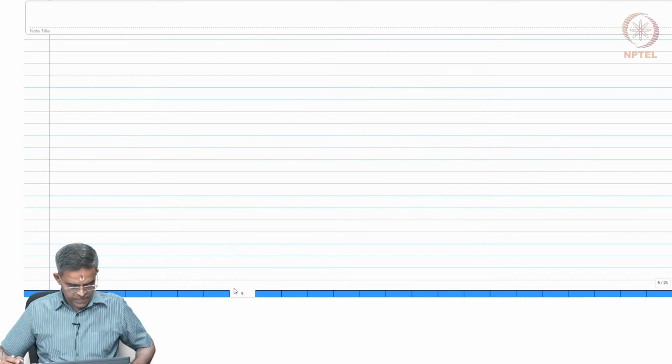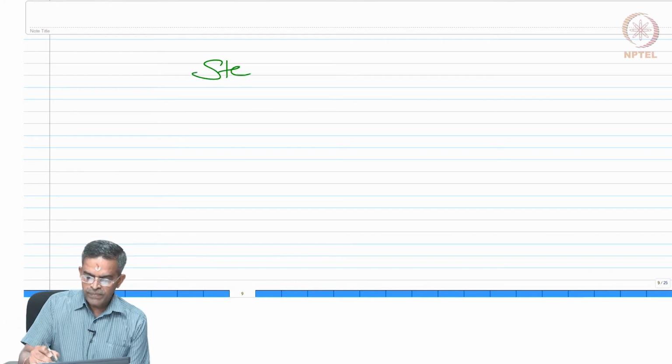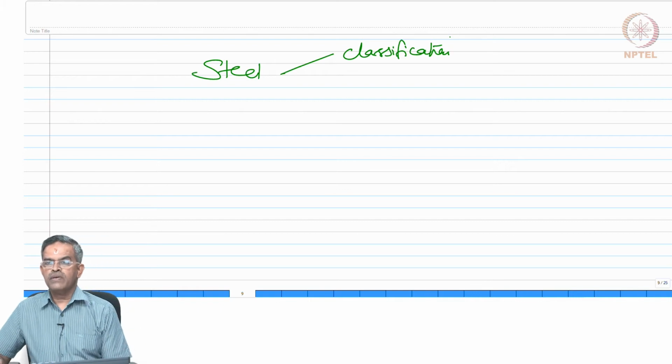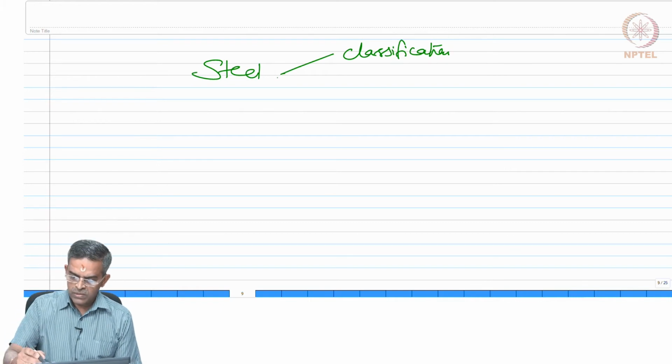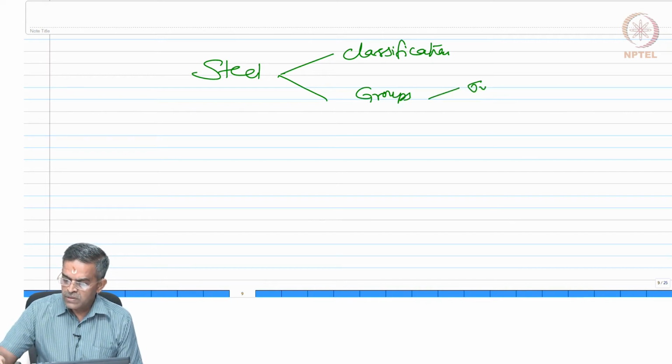Having said this, we have learnt the steel is classified based on certain properties by international codes. Steel is grouped based on sigma y and carbon equivalency.